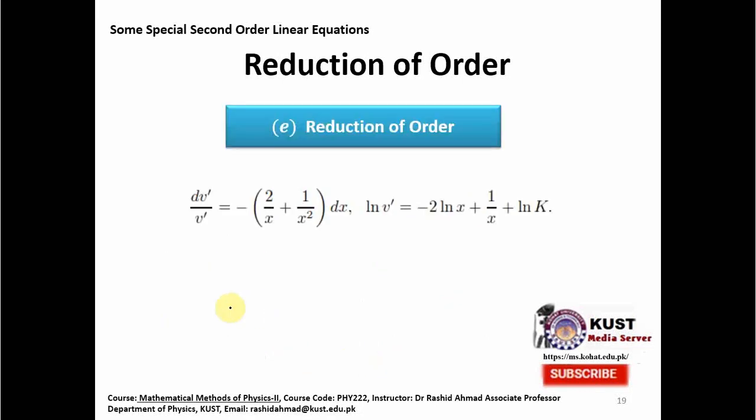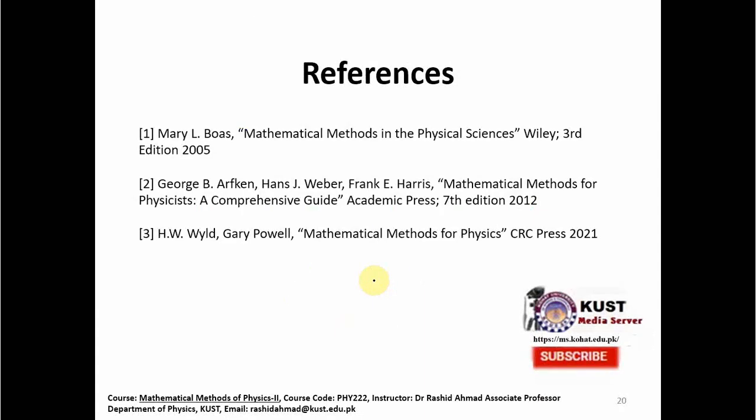Then you can see that we get only the first derivative of v, and you know that integration of this will give us the natural log and these terms on the right hand side. And if we further solve and put back our substitutions, we get this final form of the solution.